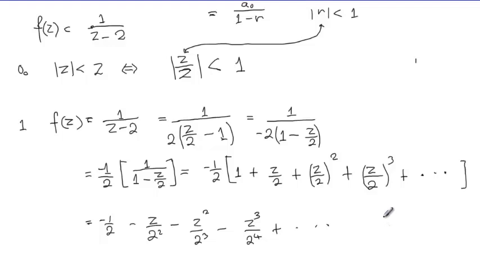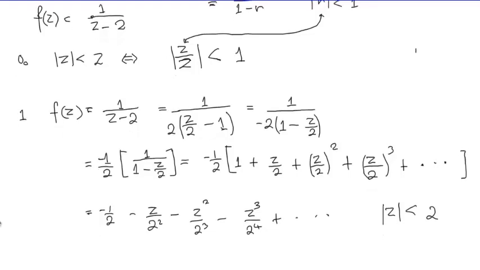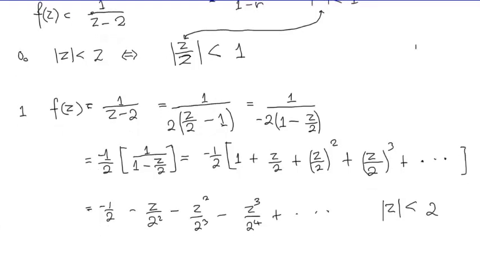In this case, you can write the condition absolute value of z less than 2. And this means that this series we've obtained here converges within the circle of radius 2 centered at the origin, and that we can present geometrically as follows.